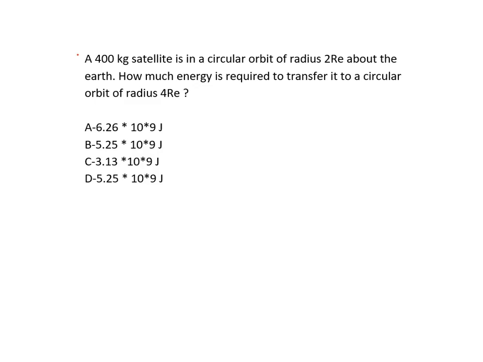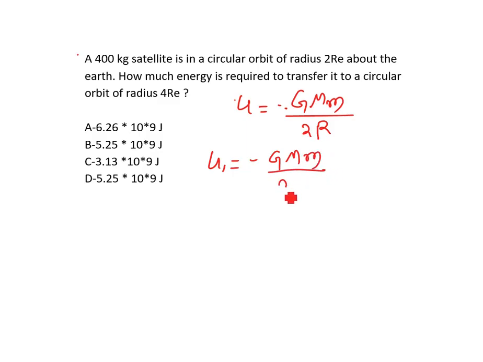The gravitational potential energy formula is U equal to minus G M m by 2r. The mass is given. First we have to calculate U1, which is minus G, M is the mass of earth, small m is 400, divided by 2 in place of r.